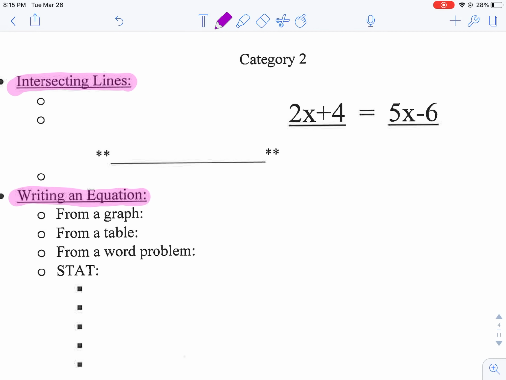I hope you said that I can type it in y equals. I can type everything before the equal sign in y1. I can type everything after the equal sign in y2. Now, once I type those in, what buttons do I press to actually get my answer?